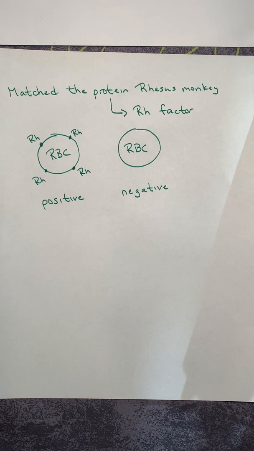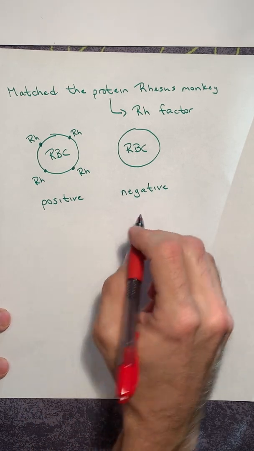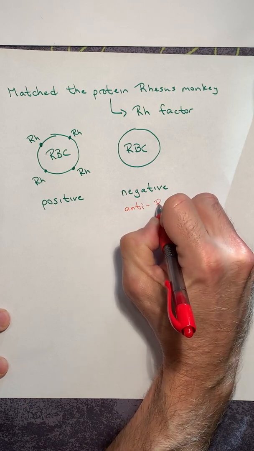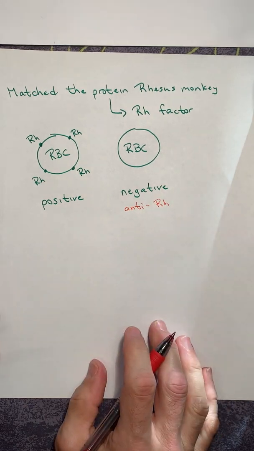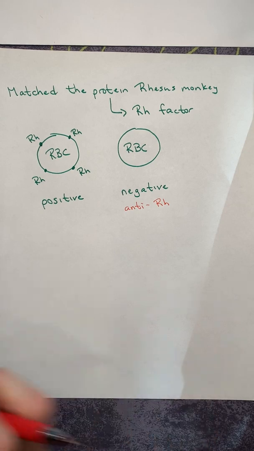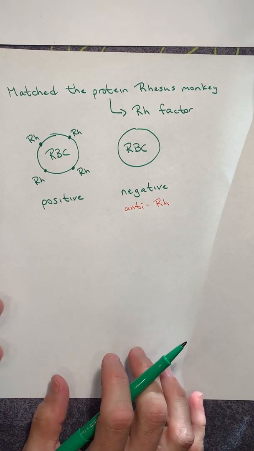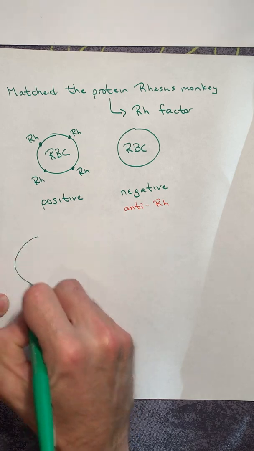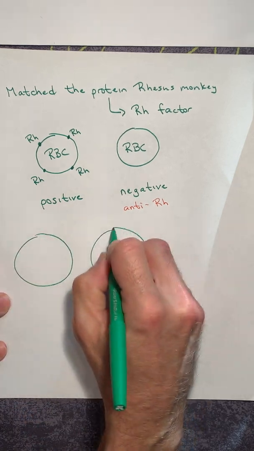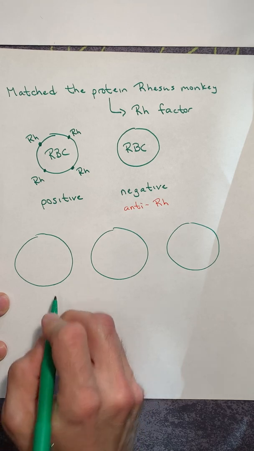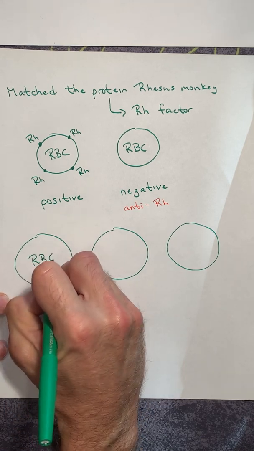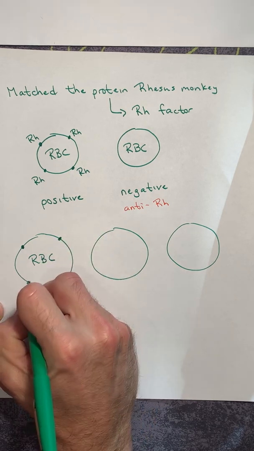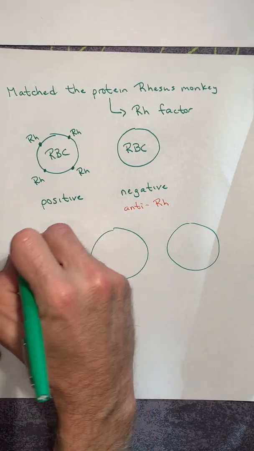But if you're negative, that means that you produce an antibody. That means that you produce anti-Rh. Okay? So let's take a look at what these red blood cells really mean. Let's draw 3 of these out. Let's take a red blood cell, and let's say that the person expresses, I'll just draw 4 of them, of course there's hundreds of thousands of them.